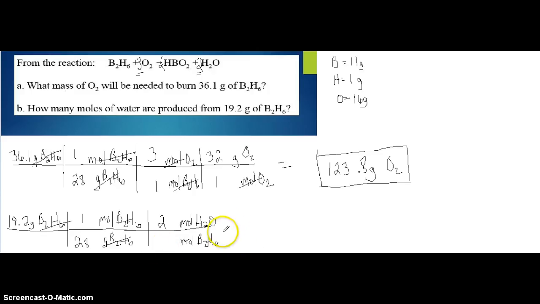Now, this problem asks you to go to moles of water rather than grams of water. So we have moles of water. We can leave off that last step. Take your 19.2, multiply it by 1, multiply it by 2, and then divide by 28, which was on the bottom. And when you do all that, you get 1.4 moles of H2O.